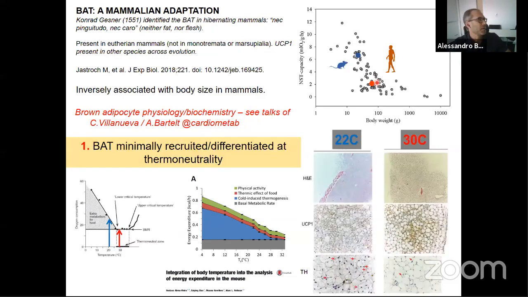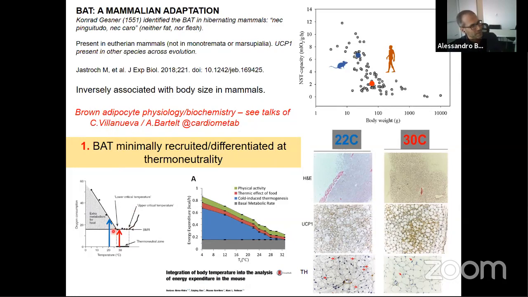One of the reasons is that the brown adipose tissue subserves adaptive thermogenesis. When you have a large organism with a lot of additional body to produce thermogenesis and to avoid heat dissipation, you don't need a lot of extra calories to produce the temperature required to keep us at our core body temperature.